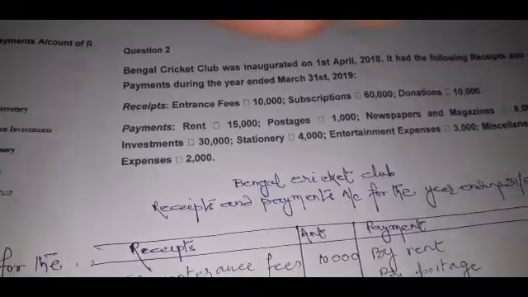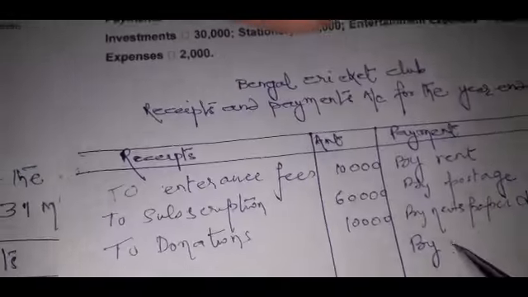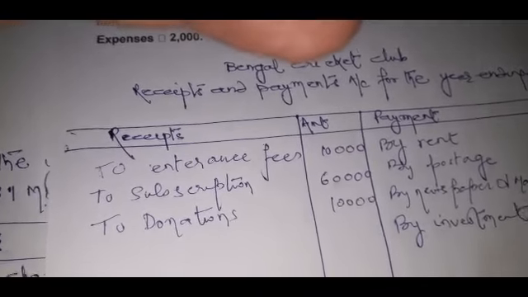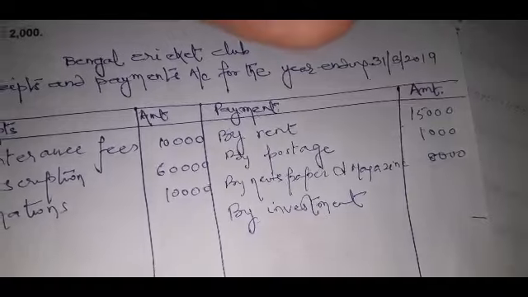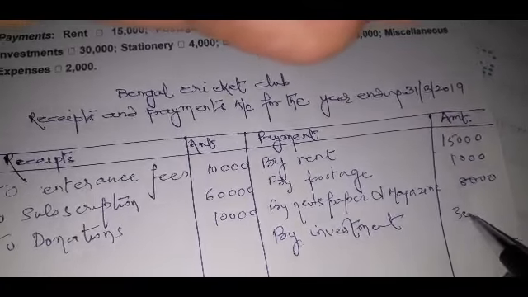Next item is the investments. It is also purchased by the club, so it's posted on the payment side. The amount is 30,000 rupees.